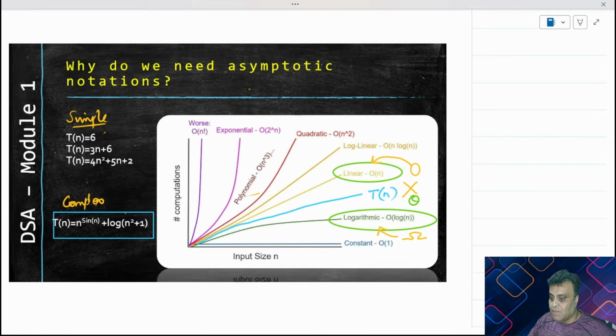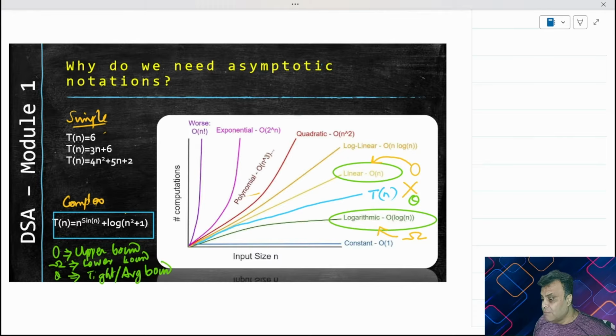So if we summarize, we have just now understood that big O refers to the upper bound of an algorithm, omega refers to the lower bound of an algorithm, and theta refers to the tight bound or average bound of an algorithm.